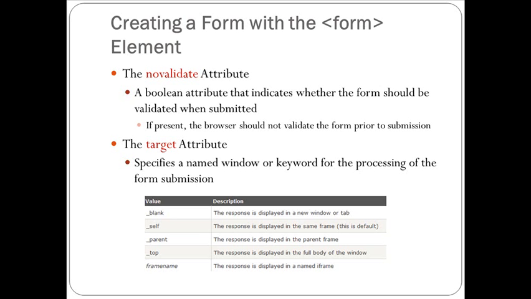Now, my rule of thumb that I expect you to follow is that any link to an outside web page should open in a new tab or a new window. So the target should be equal to _blank.